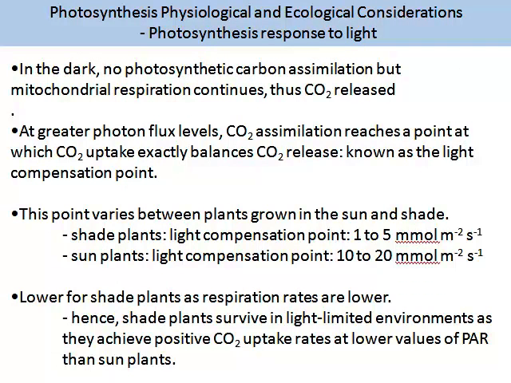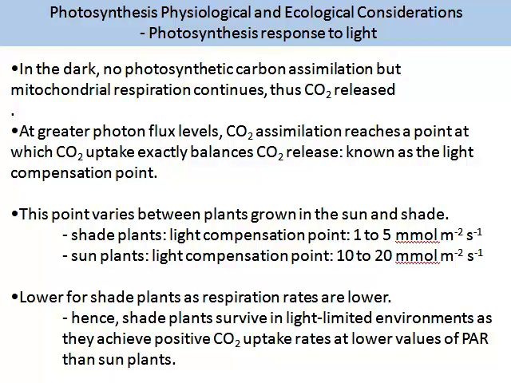So let us look into a little bit more detail about the photosynthetic responses to light. In the dark, as we have learnt in lectures 6 and 7, in C3 plants there is no photosynthetic carbon assimilation, but mitochondrial respiration continues, and so you get carbon dioxide released from the leaves. At greater photon flux levels, or higher light levels, CO2 assimilation reaches a point at which carbon dioxide uptake exactly balances carbon dioxide release. This is known as the light compensation point.